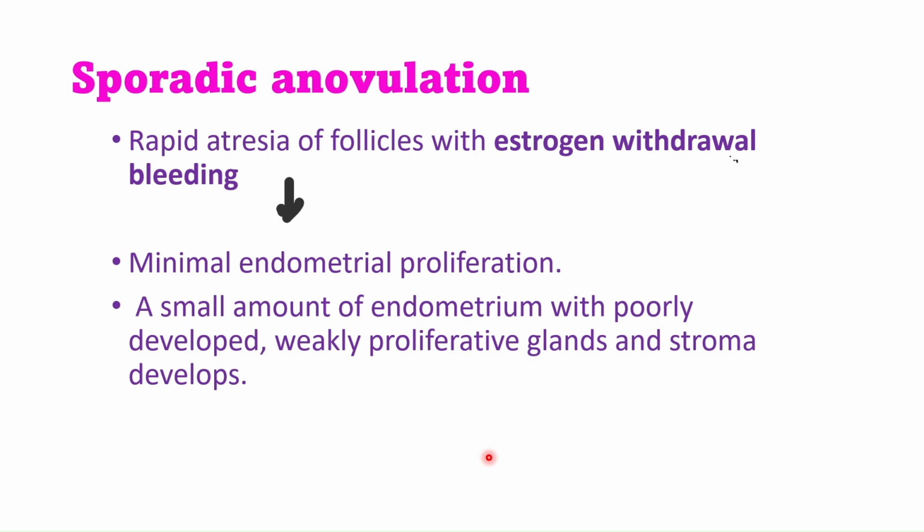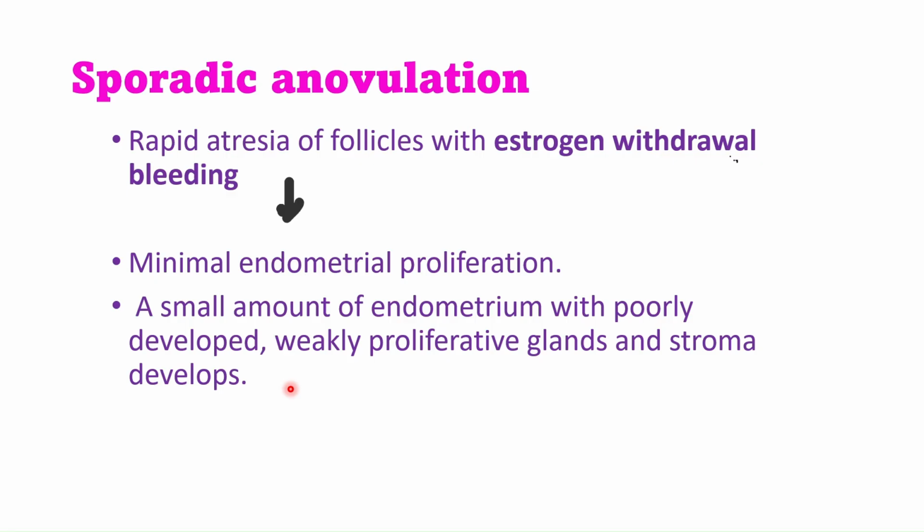Now there are two types of appearance because of this estrogen effect. Whenever there is estrogen withdrawal bleeding, it is mainly due to sporadic anovulation. So there is rapid atresia of follicles and minimal endometrial proliferation. What happens? A small amount of endometrium with poorly developed, weakly proliferative glands and stroma develops.